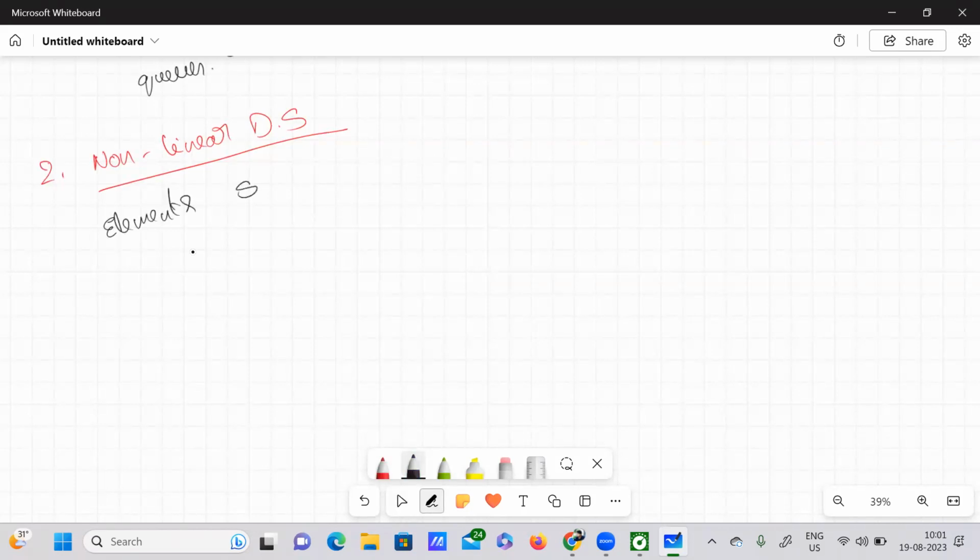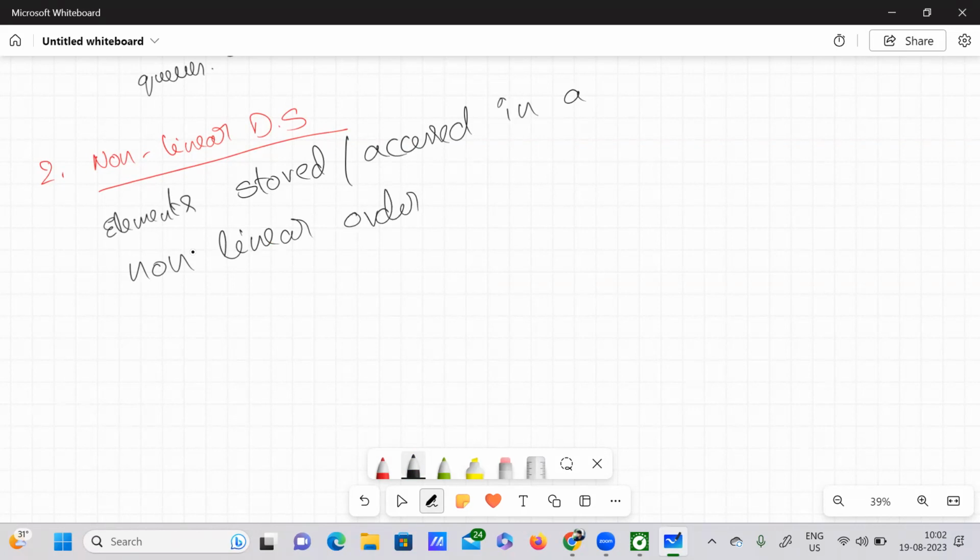Elements are stored or accessed in a non-linear order. Non-linear order in the sense non-sequential order. In the sense these elements will be stored or accessed, but not in linear order.